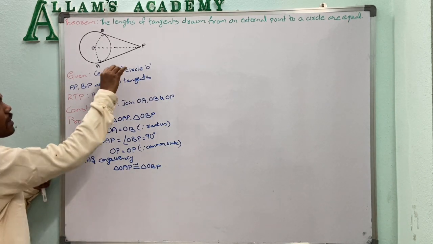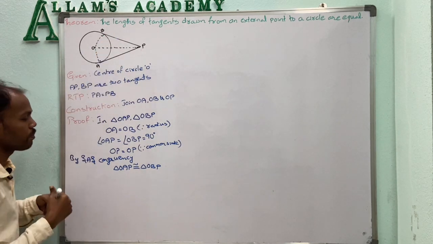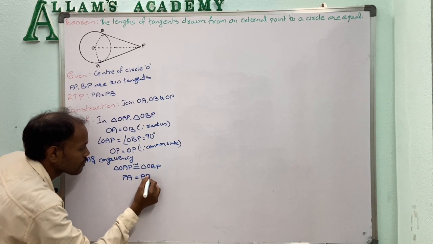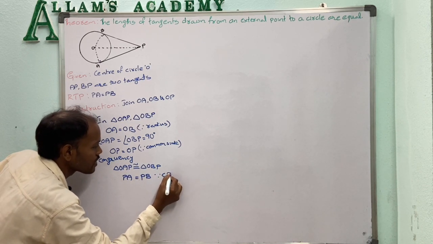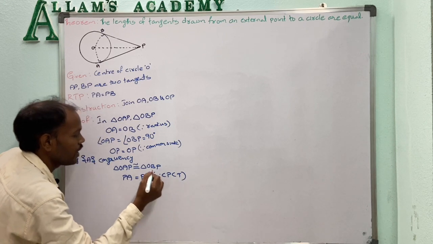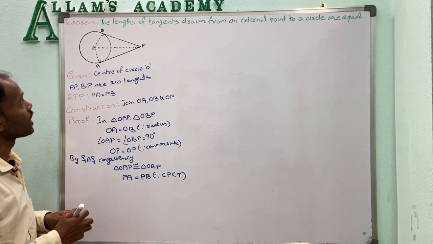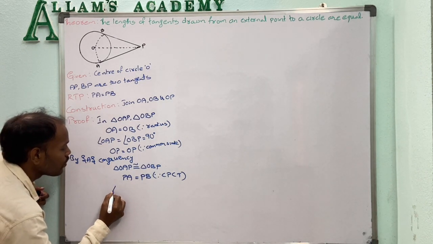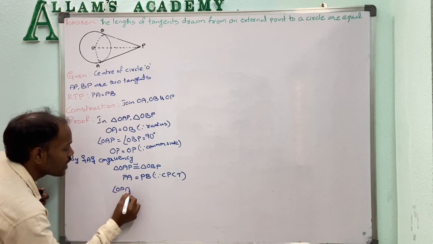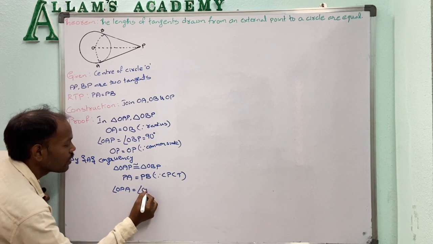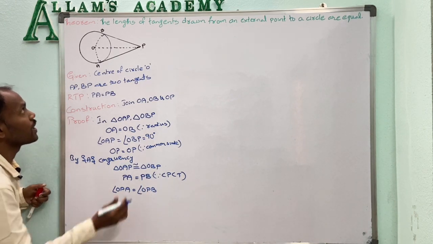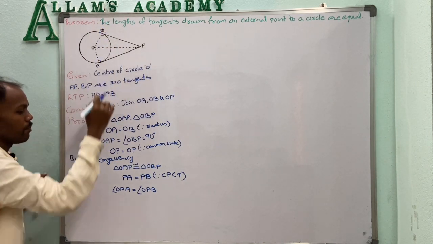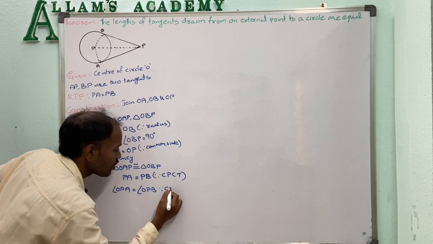Here the corresponding sides pair is PA and PB, so PA is equal to PB by CPCT. And similarly we can also show that angle OPA is equal to angle OPB.